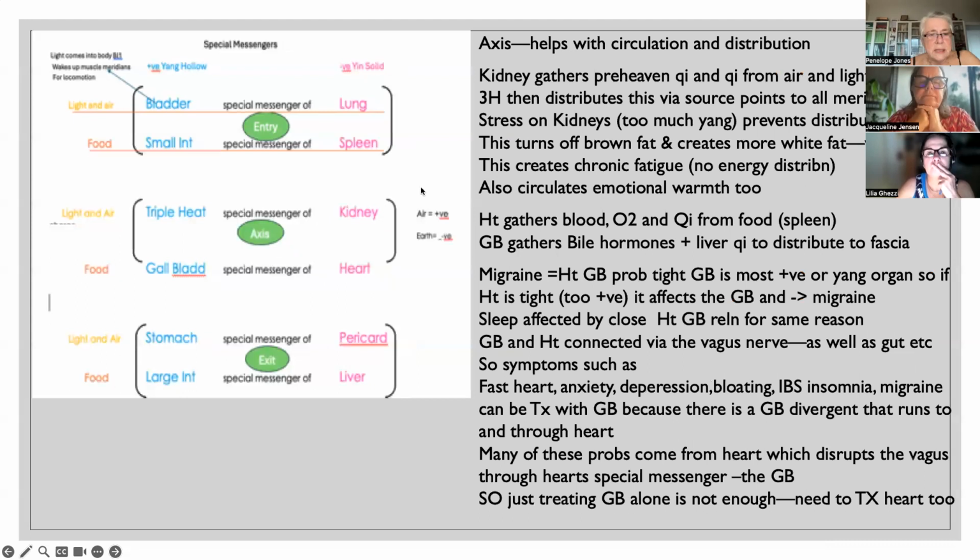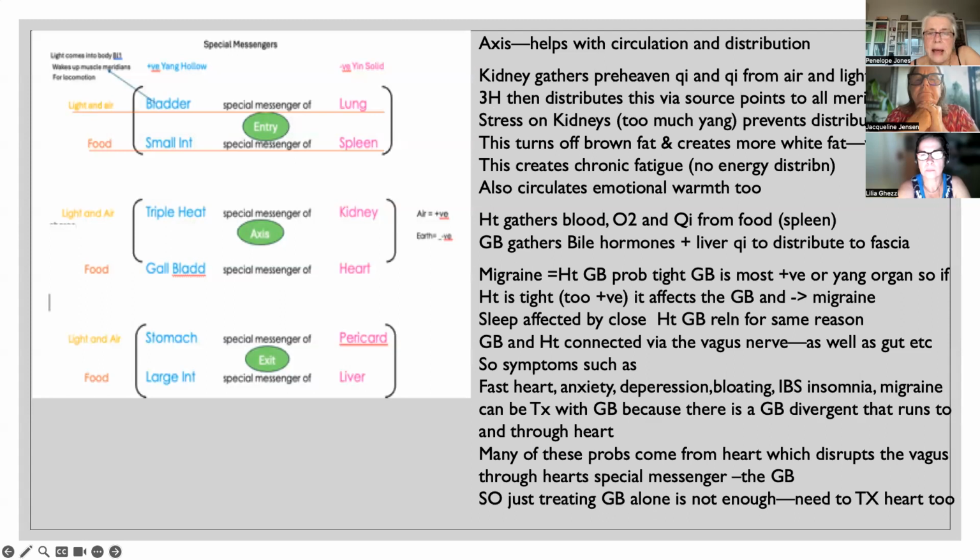Now we're looking at this middle one, which is the axis. Now the axis is actually about circulation and distribution within the body. So as you know, the kidney gathers pre-heaven chi and chi from air and light and Ida and Pingala. And then the triple heater distributes it via the source points to all meridians.